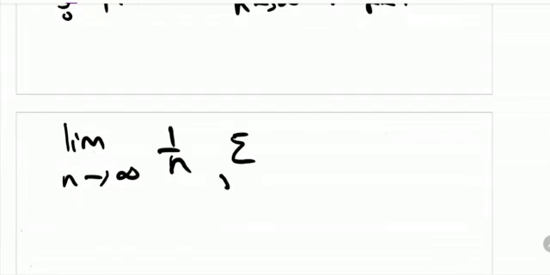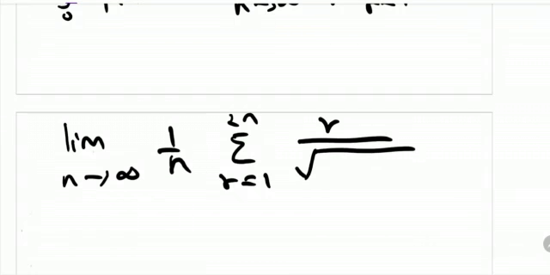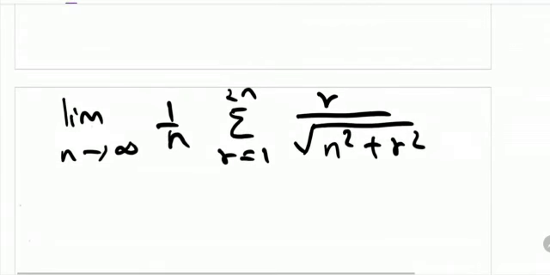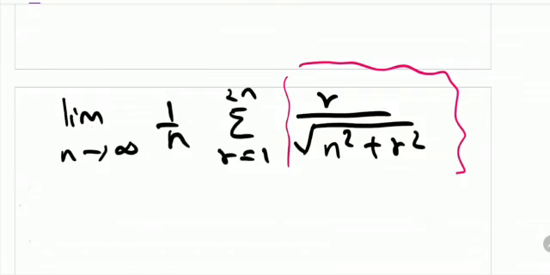So I'll just write it down: limit n tends to infinity, 1 by n, summation r running from 1 to 2n, r upon square root of n square plus r square. The first thing I'll do is divide numerator and denominator by n.